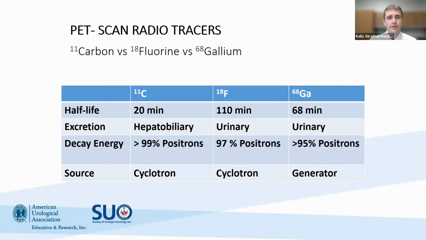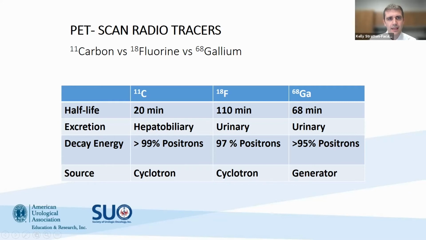The tracers, though, dictate how easy it is to use each kind of PET imaging. These are the three options that we have: carbon 11, fluorine 18, or gallium 68. And you can see the half-lives are markedly different between these agents.